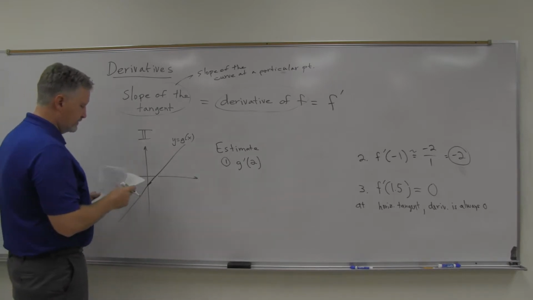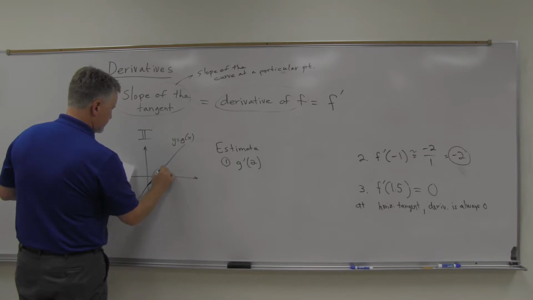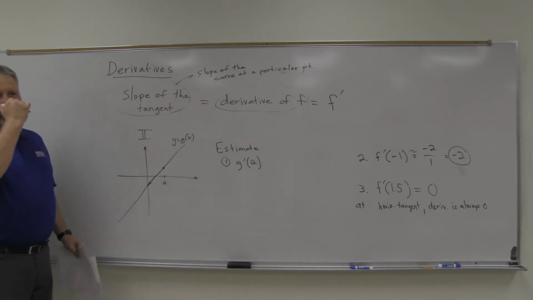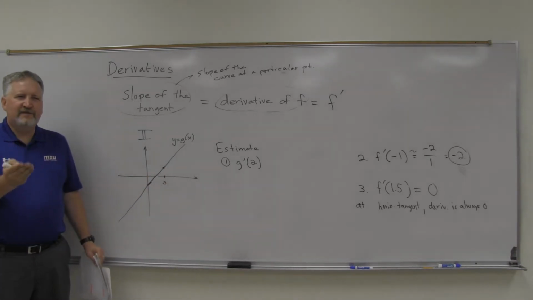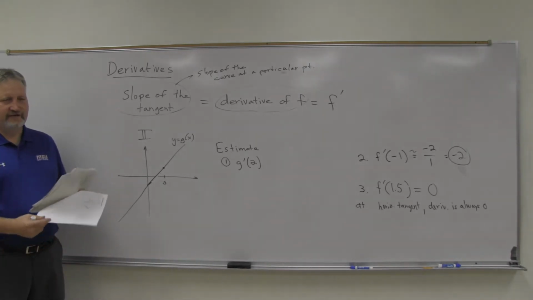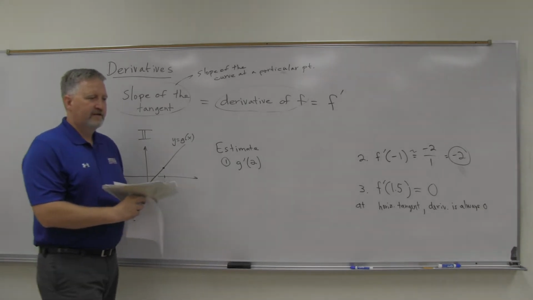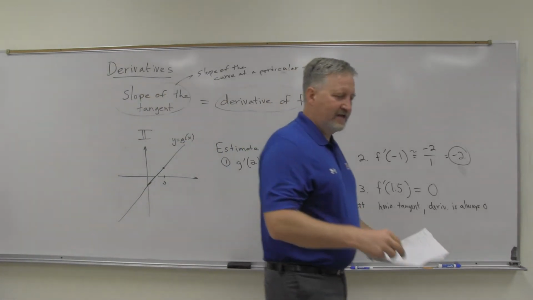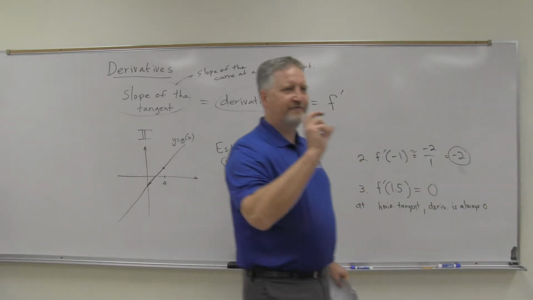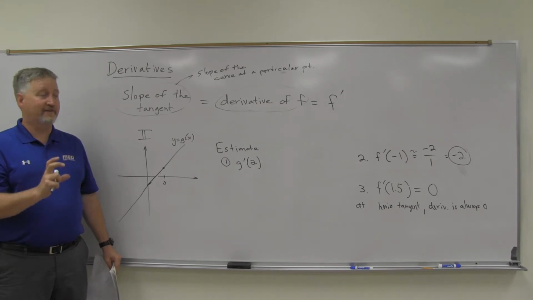Okay, so at 2 here, where am I? Right about here? Well, yeah, when you're doing tangents of lines, that gets a little tricky. Maybe that's not the right word, but that's why I was saying, if you think of the slope of the tangent to mean the slope of the curve at that particular point, that helps you to think of this.